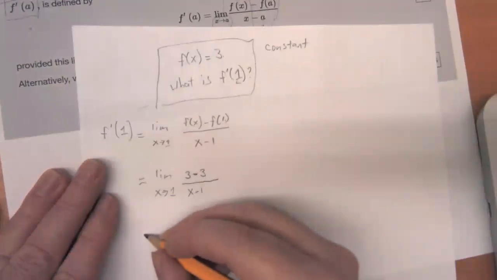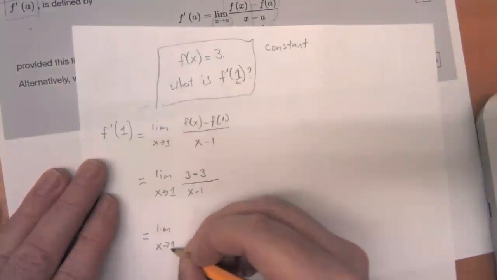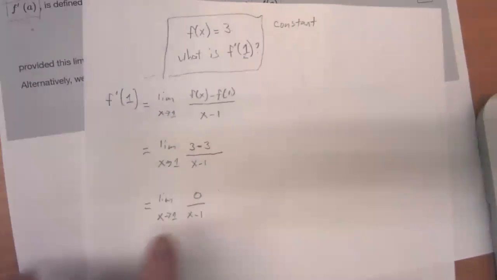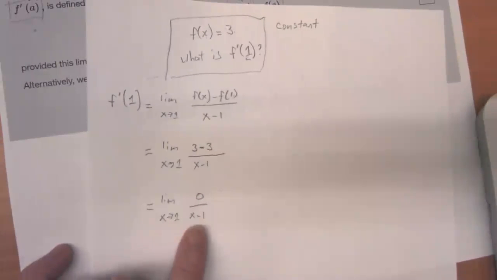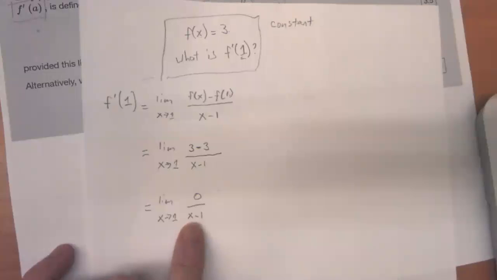All right, so that's easy enough to simplify the numerator. The limit as x approaches 1, 3 minus 3 is 0, over x minus 1. And let's think about whether we can evaluate this limit. If we substitute 1 in for x, we get 0 over 0, so that doesn't work. But let's think about what this is actually doing. When x approaches 1, x is never equal to 1.